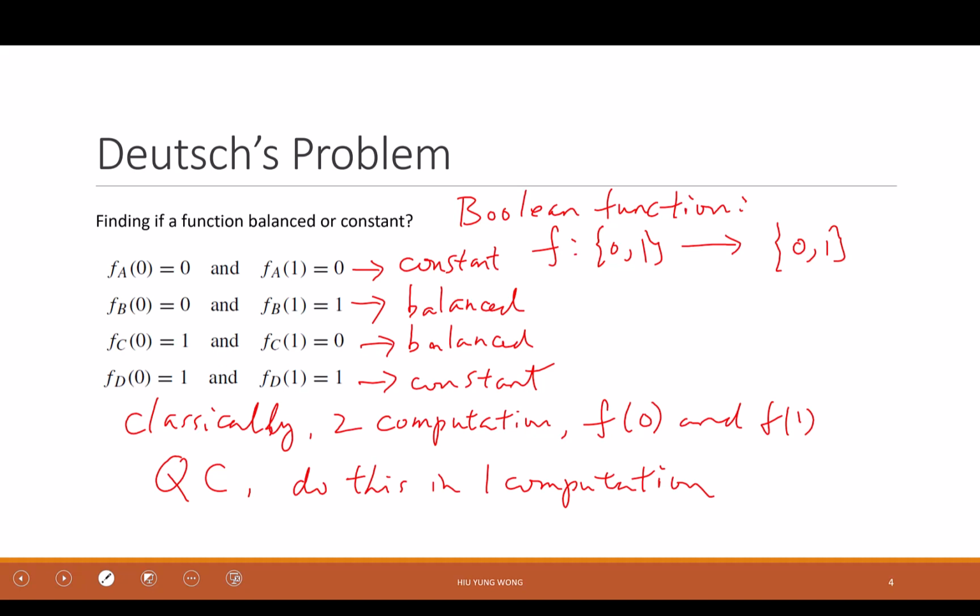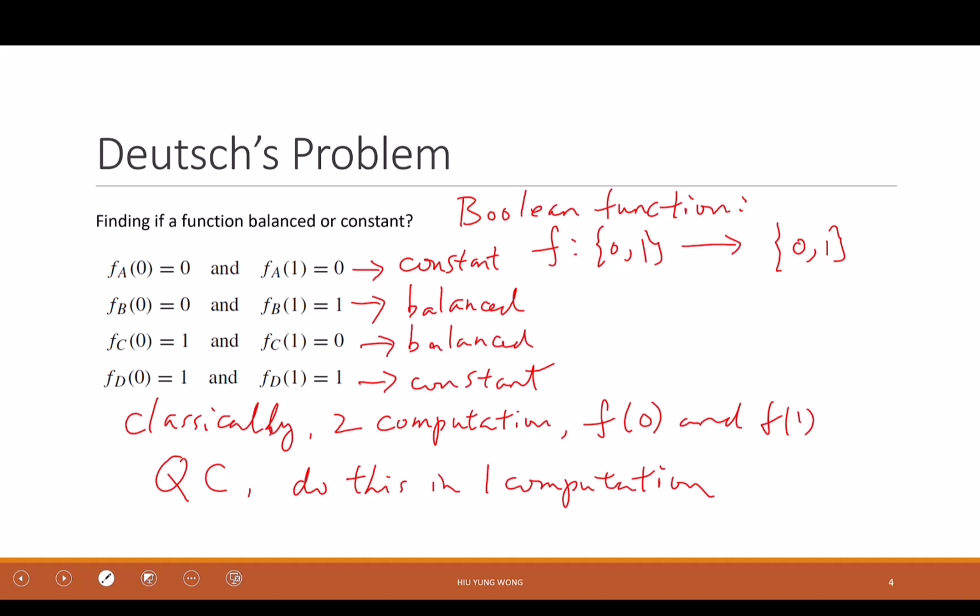Then you know whether it is constant or balanced. This only has 2 possible inputs, so I put in 0, find f of 0, and then find f of 1. Based on the output, I can tell you whether it is constant or balanced. But if I use quantum computing, I can do this in one computation.